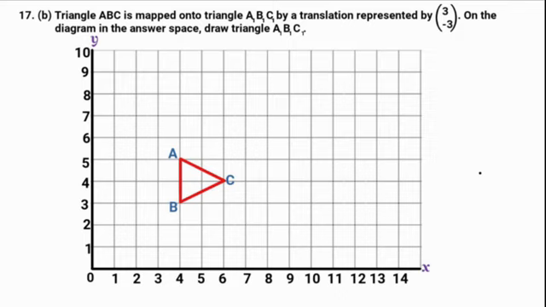What is important in this question, to help us come up with the mapped triangle, are these coordinates which are given: 3, -3.